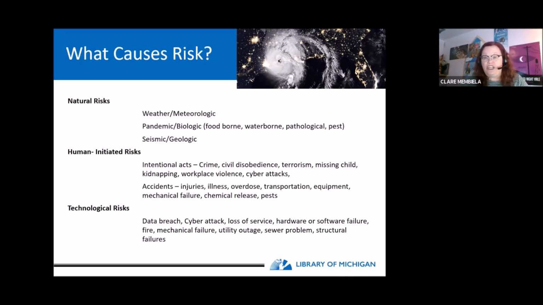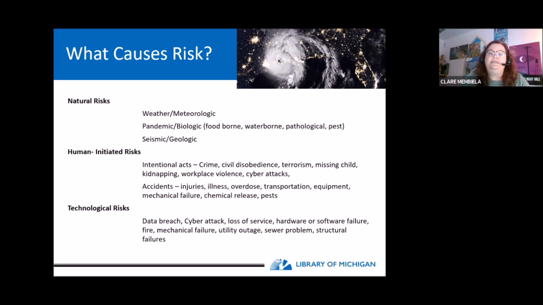You have human-initiated risks, which for libraries probably are the bulk of what we would consider crises. You have intentional acts, which would be things like crime, workplace violence, and crime includes not just violent crime or large theft, but it also includes things like the theft of IP, so someone peer-to-peer sharing in the library and you get the cease and desist letters.